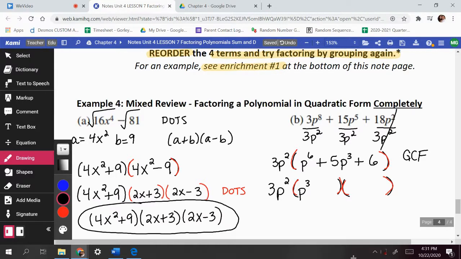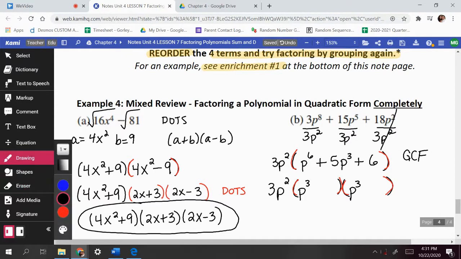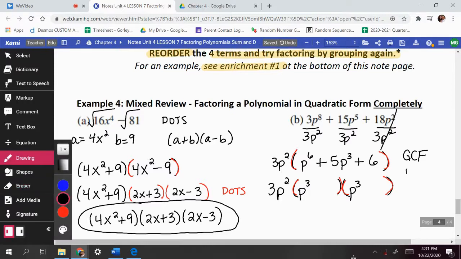Right, when I multiply like bases, I add the exponents, right? 3 plus 3 is going to be equal to 6. Okay, then what times what would give me 6? What can I multiply to get 6? That would be 1 and 6 or 2 and 3. So either one could really get me to 5, right? 1 and 6 or 2 and 3.